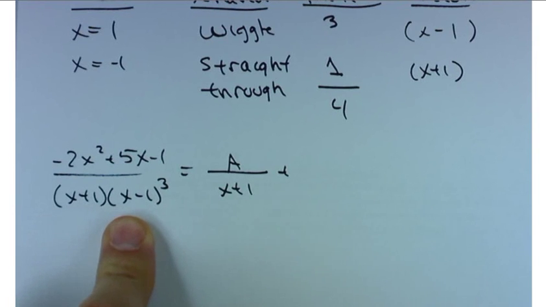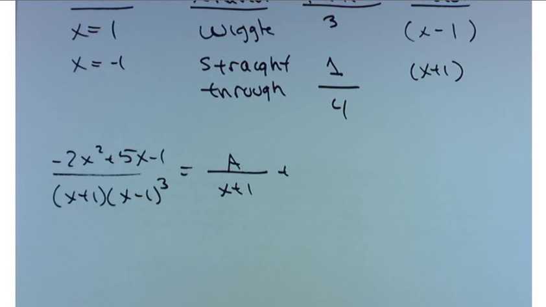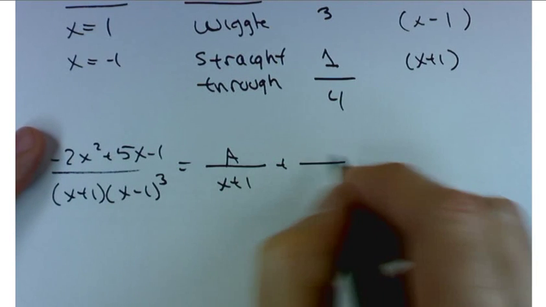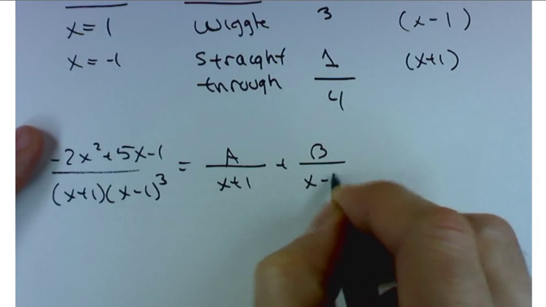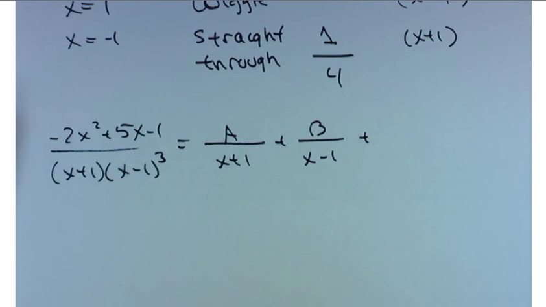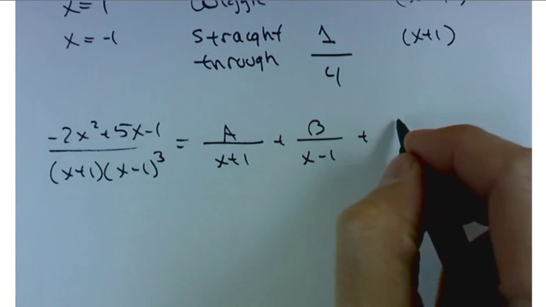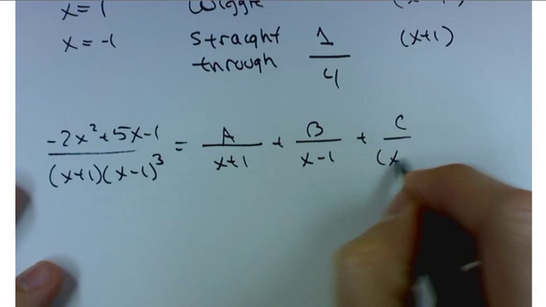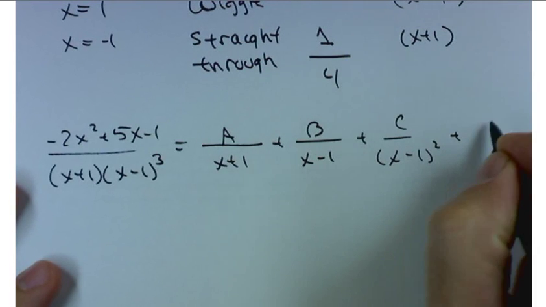What else do you think I'm going to need in my partial fraction decomposition? Good. B over x minus 1. Higher, higher, higher. Anyone else? C over x minus 1 squared. Still higher.